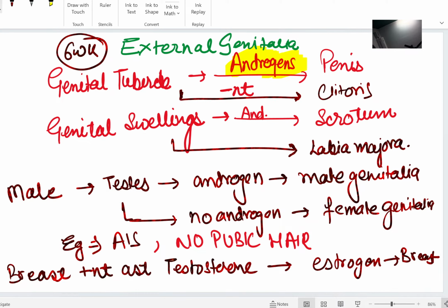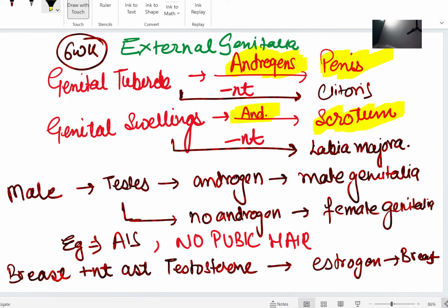Genital swellings. If the androgen acts on the genital swellings, what is formed? Scrotum is formed. Okay, scrotum is formed. And if the androgens are absent, then labia majora is formed.